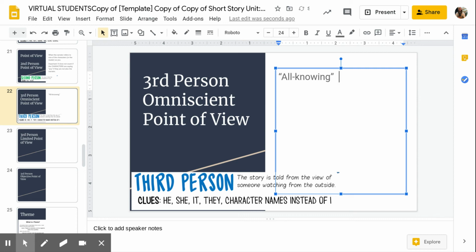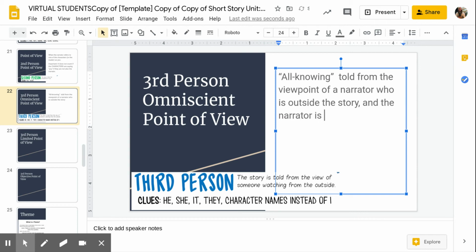So this story is told from the viewpoint of a narrator who is outside the story as opposed to inside the story like first and second person. And what I mean by all-knowing is the narrator is all-knowing and all-seeing.